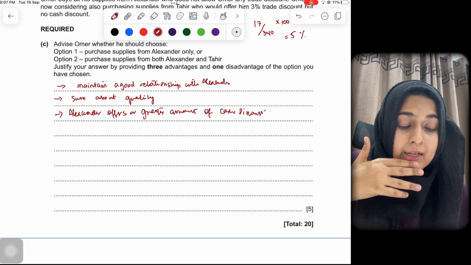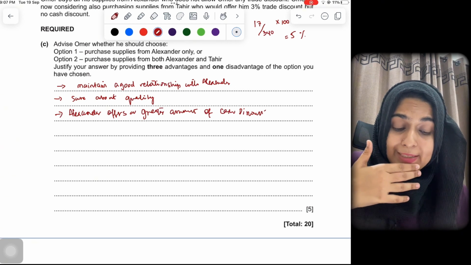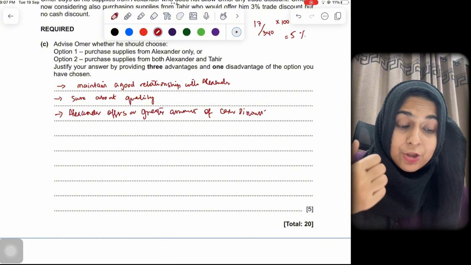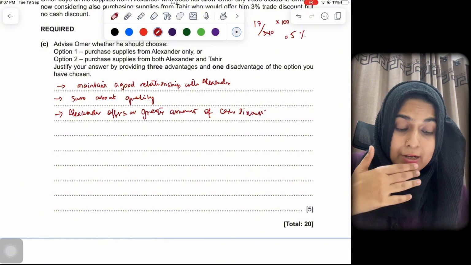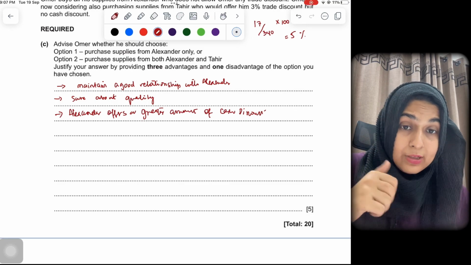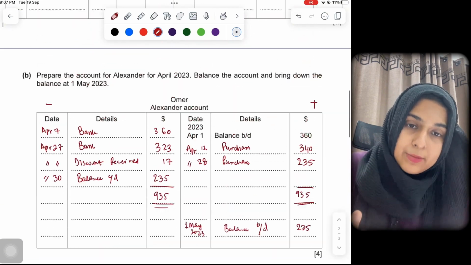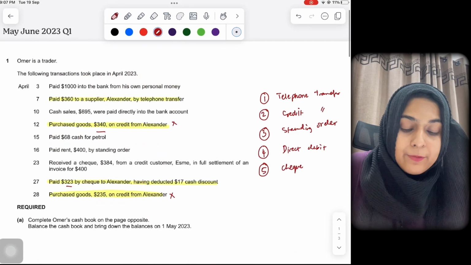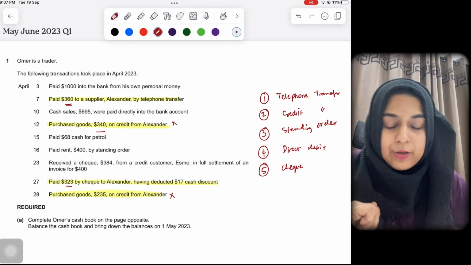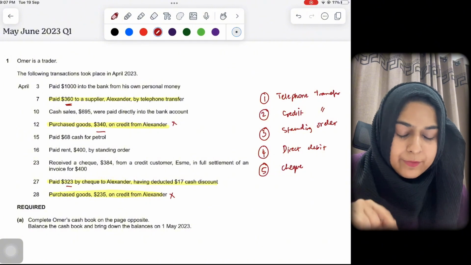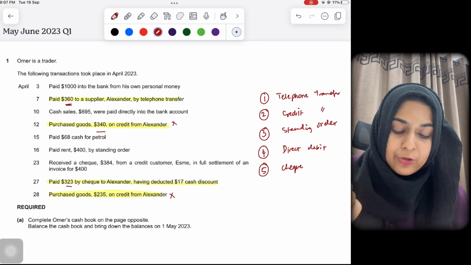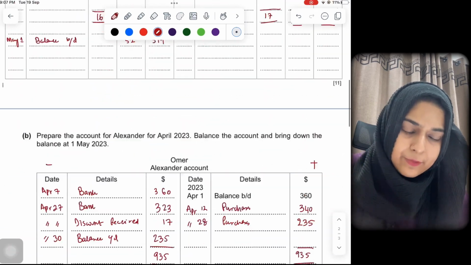Also, Tahir is giving us a trade discount of 3%, so that is a sure discount. In case of Alexander, the 5% discount we were getting only when we were paying within the time limit. In the first case we did not get the discount because we did not pay within the time limit. In the second case we got a discount when we bought goods for 340 and paid within the time limit.